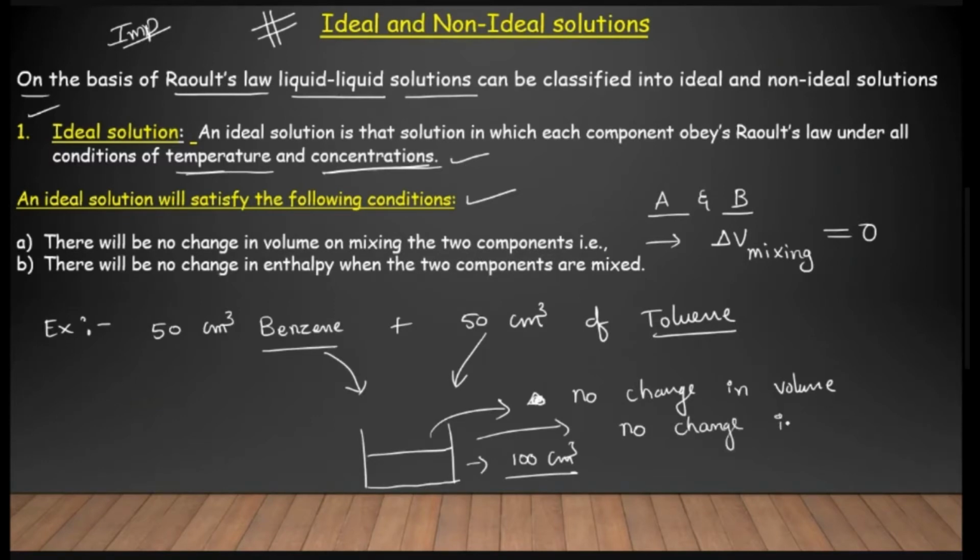No change in enthalpy has been observed. So that's why we consider the mixture of benzene and toluene as an ideal solution. I can pause the screen and we can go through it.